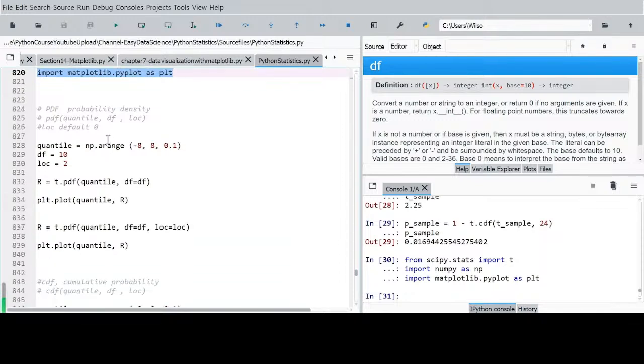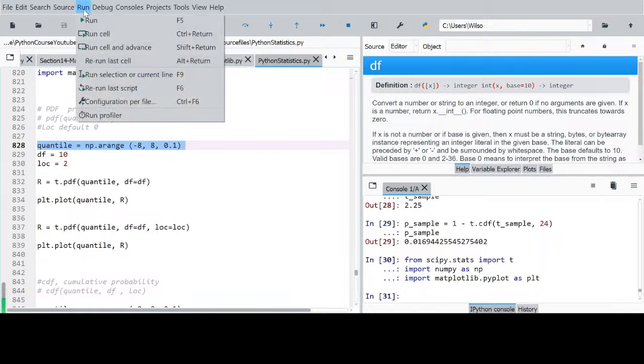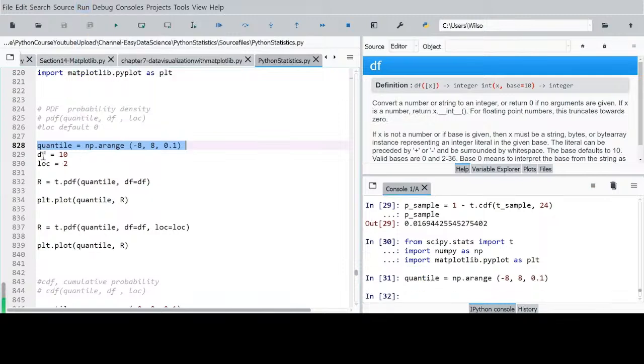The first function is called PDF, with a quantile, degrees of freedom, and location. We set a quantile value between -8 and 8 with a gap of 0.1, and we set the degrees of freedom to 10 and the location here to 2.